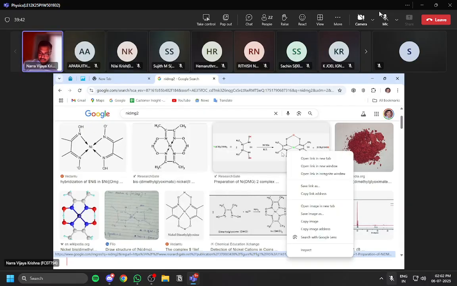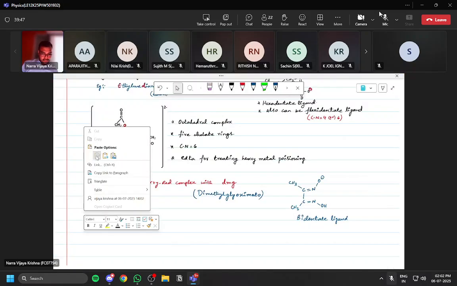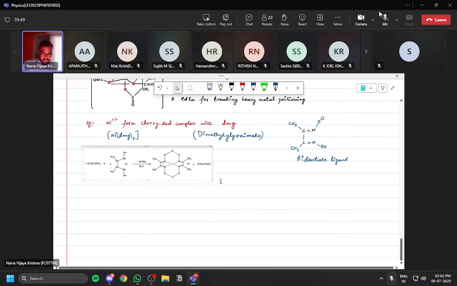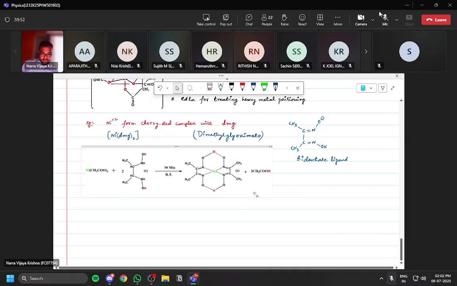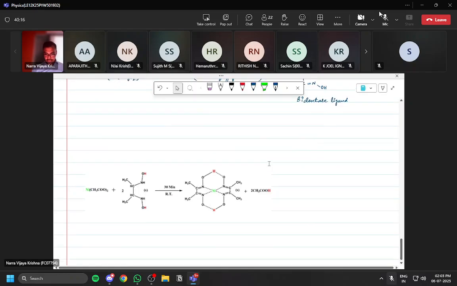Okay, I am taking this image. Nickel acetate with 2 moles of DMG, 30 minutes in a retort forms this complex. I will write that in this way.